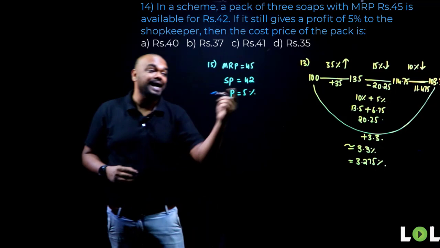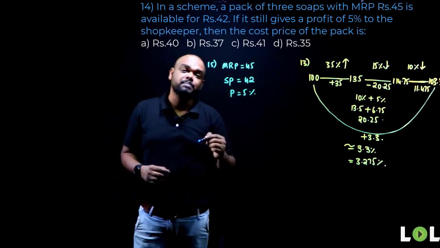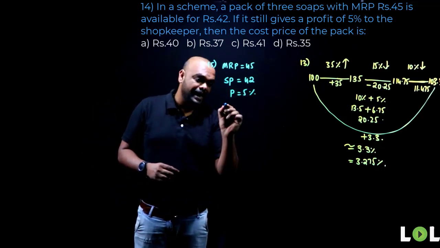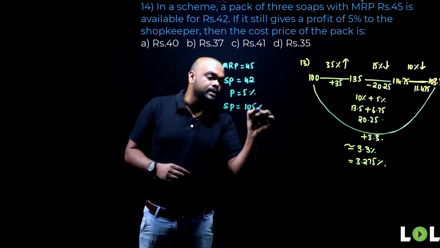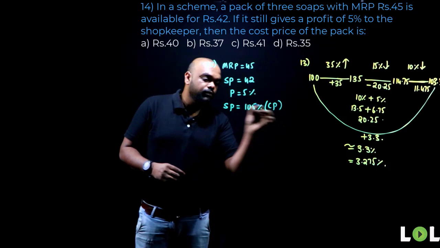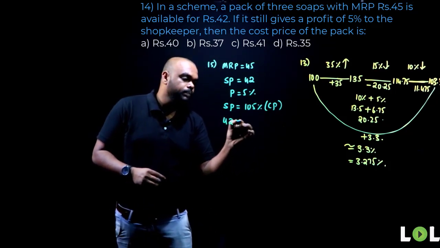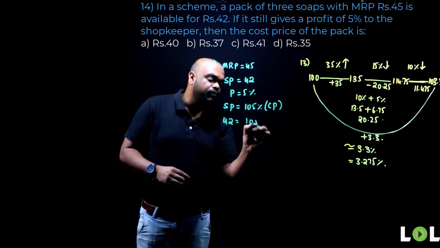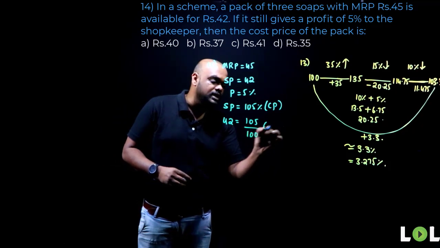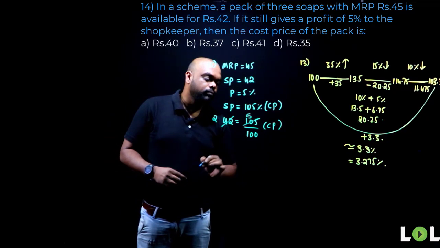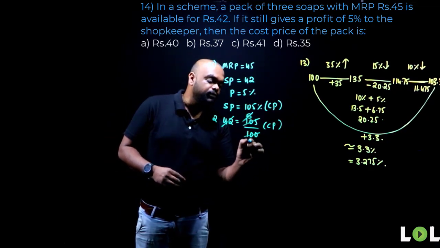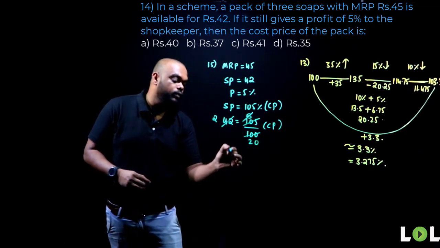They are selling it at rupees 42 and still give a profit of 5% to the shopkeeper. 5% profit means what is the relationship between selling price and the cost price? Selling price is equal to 105% of cost price. We know selling price is 42, which is equal to 105 by 100 of CP. 21 into 2, 21 into 5, 5 into 1, 5 into 20. 20 into 2 will be 40.